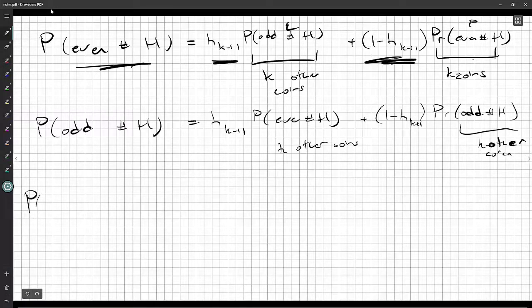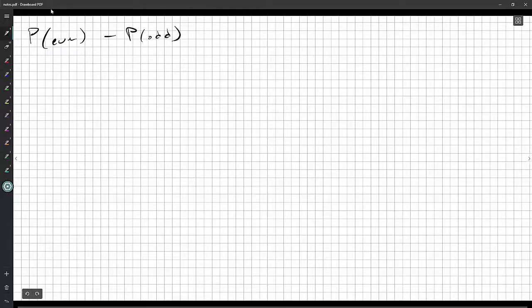So now, the probability of an even number of heads minus the probability of an odd number of heads, and these are both for k plus 1 coins, is, I'm going to have to write this on the next line, so probability even minus probability odd, because that's what we want. We want to find the expression for that.